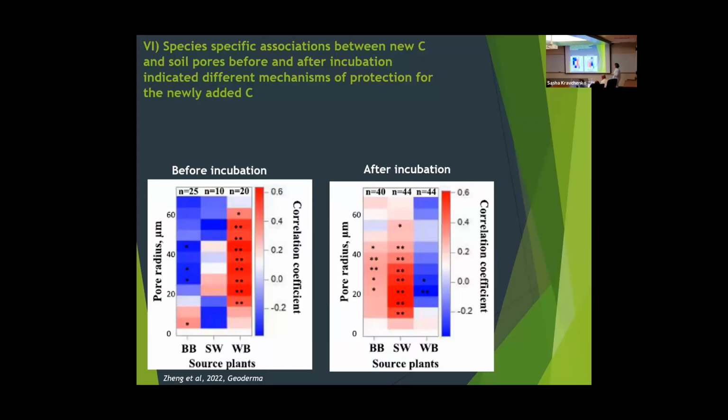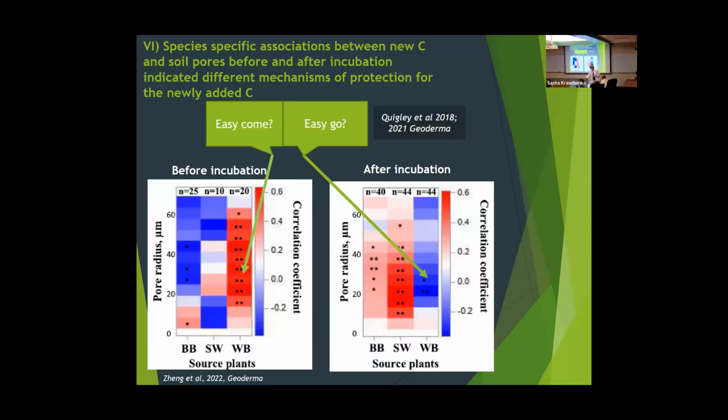Before incubation, the results that did make sense and that we were able to interpret were the results from wild bergamot. It seems that initially, before incubation, there is just what we expected: more carbon in these medium-sized pores, probably coming from the roots.